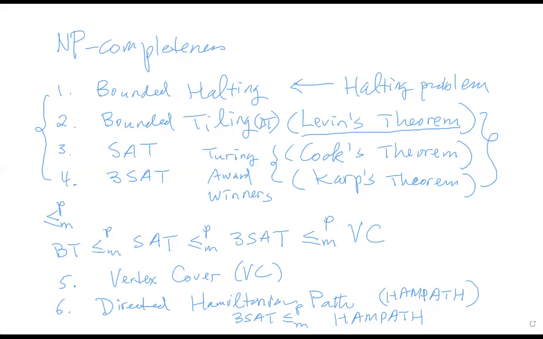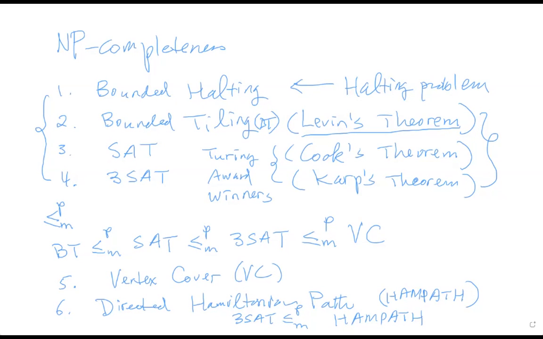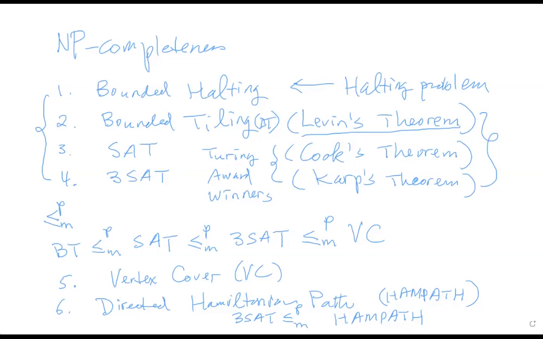This is VC, vertex cover. And also we looked at clique. Because of the reductions we have looked at earlier, number 5 is actually clique, number 6 is vertex cover, and number 7 is directed Hamiltonian path.